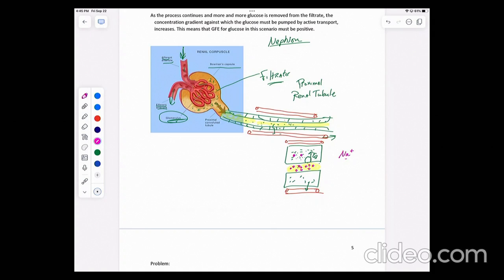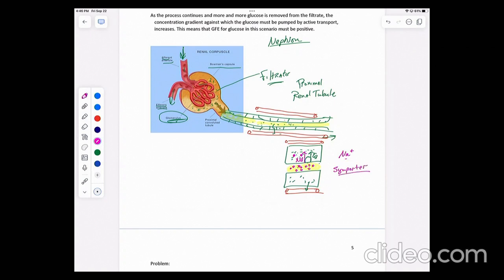So I have a favorable concentration gradient. So what if I were to take this transporter that's designed to transport glucose against its concentration gradient, and I pair it with transporting sodium? So now what I have is a symporter. And you've seen that before.